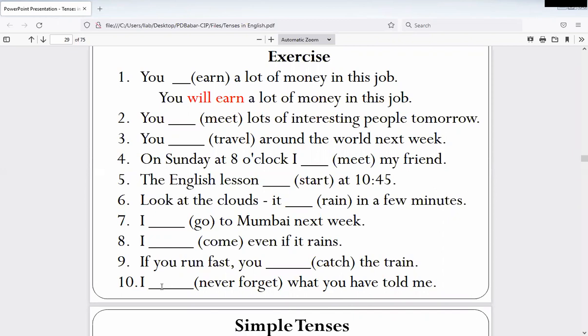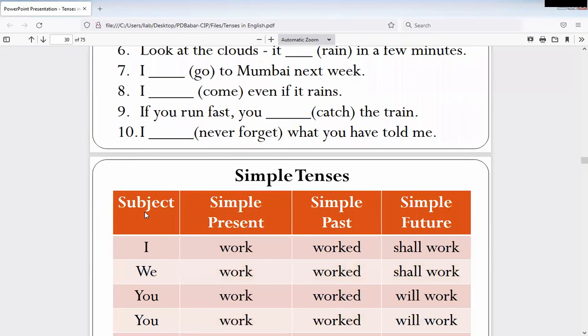So here we will use I will never forget. I will never forget what you have told me. So this is the exercise on the simple future tense.